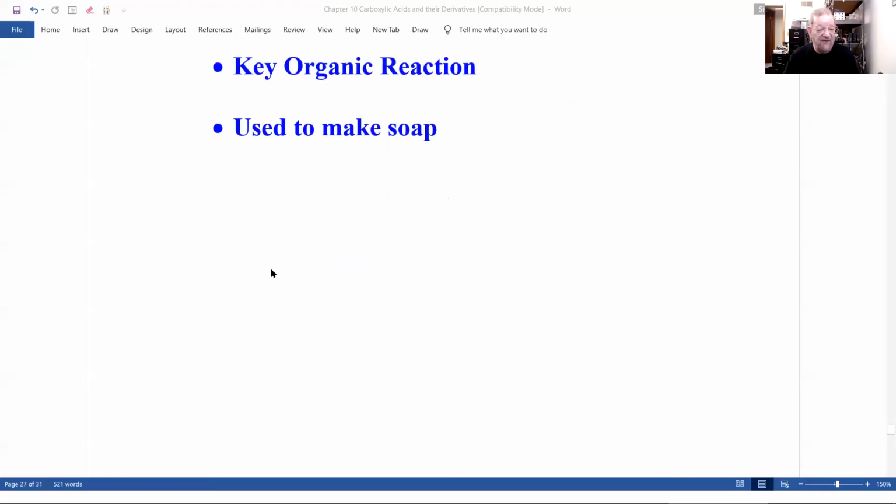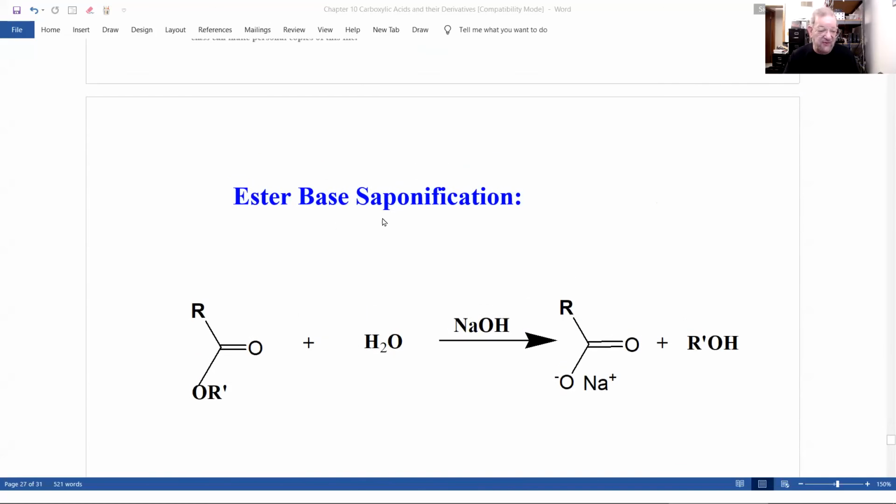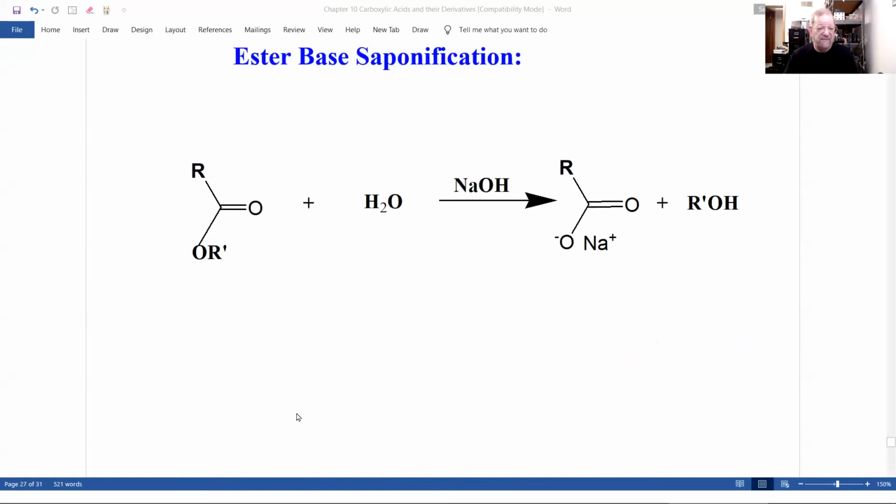Well, let's look at this reaction, saponification of an ester. And really what it is is base reacting with an ester. And here, what do we have? We have an ester. We're reacting with water, and for this class, I'll use sodium hydroxide as the base.